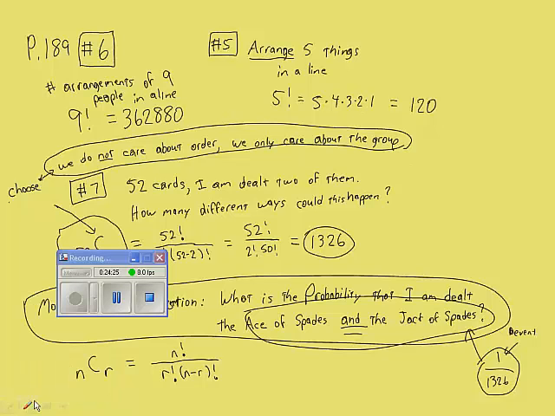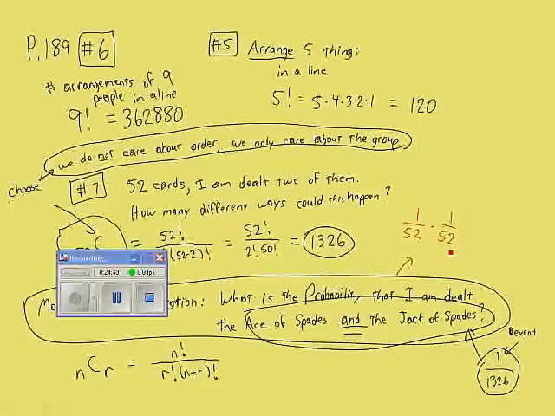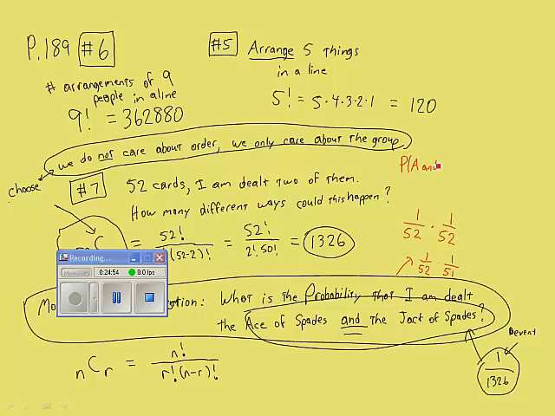Guys, Jim asked a good question, which is this. He saw this. What's the probability that I'm dealt the ace of spades and the jack of spades? And he tried 1 out of 52 times 1 out of 52. Is that what you tried? Oh, it's 1 out of 52 times 1 out of 51. Because remember, the probability of A and B happening is the probability of A times what?